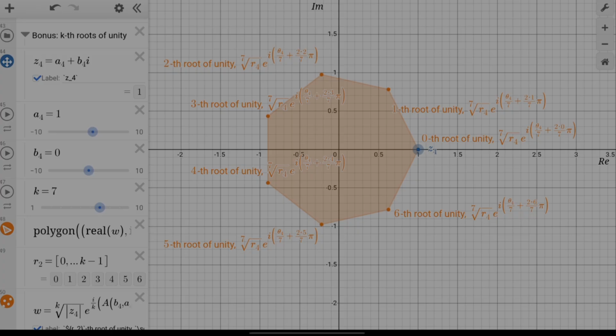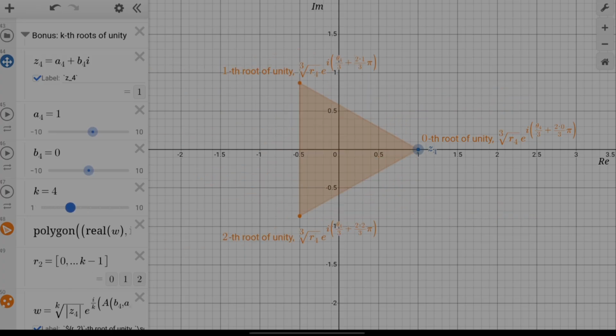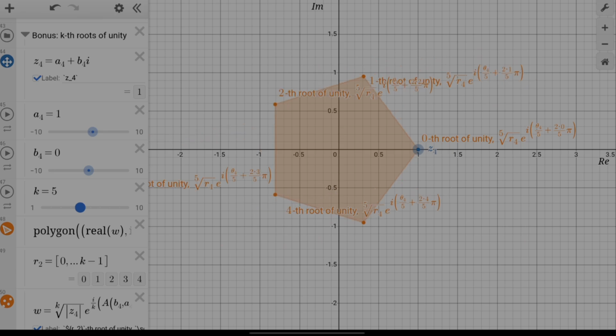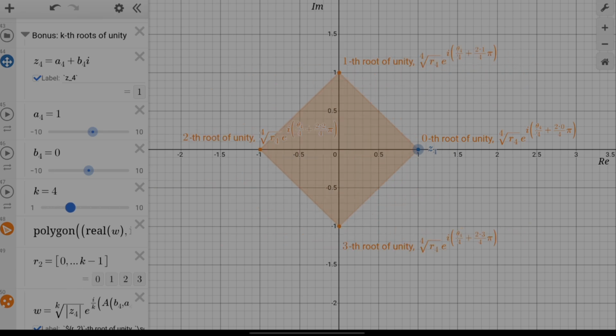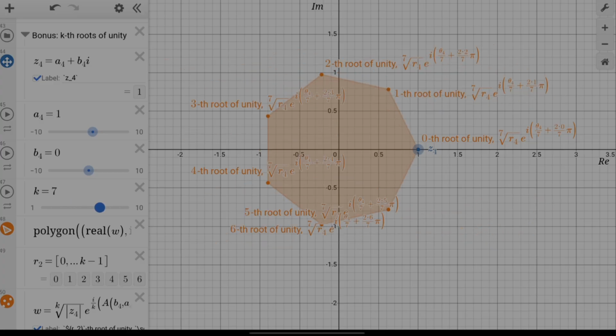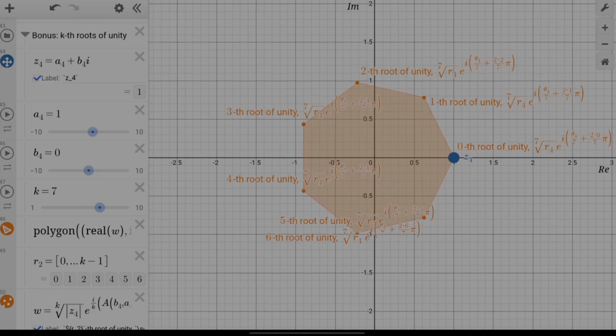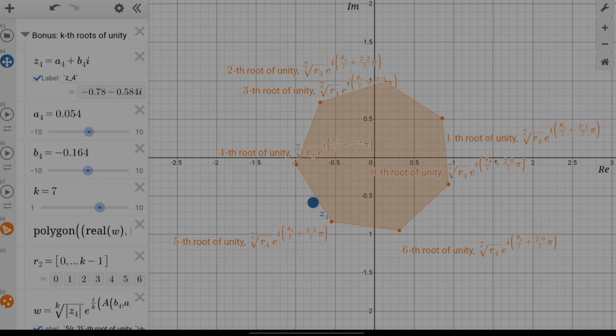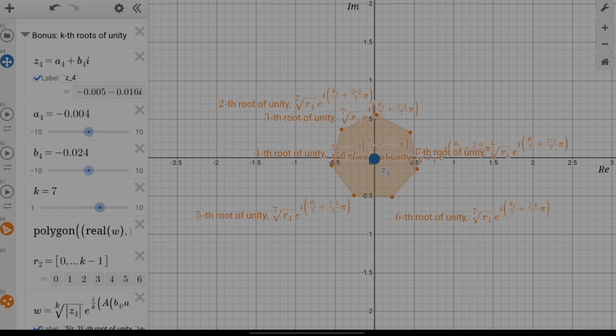In this visualization, you can change the power, and as you can see, for z that is equal to 1, they actually form the right n-gons. So for example, the right hexagon, the right triangle here, or a square. And we can also drag around this point of z and see how they change. Isn't that absolutely incredible?